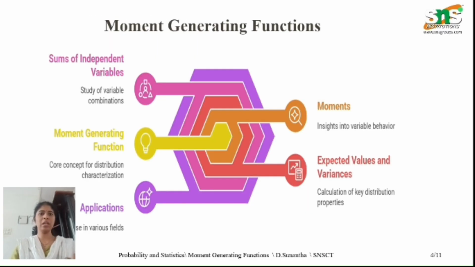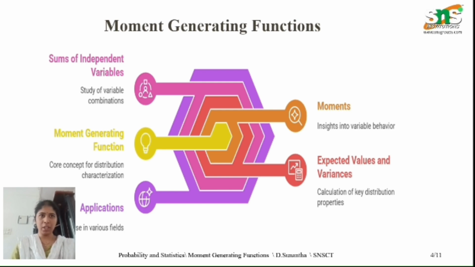So here is the moment generating function explanation. Let us consider a simple example. X is a random variable representing the number of successful outcomes in an experiment. Using the probability distribution of X, we can construct its moment generating function.